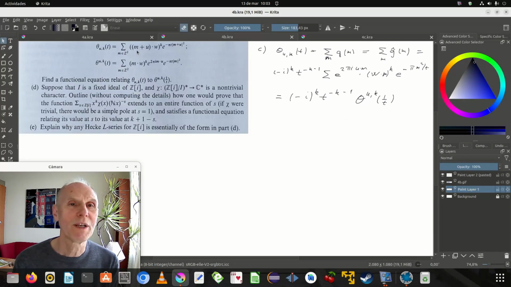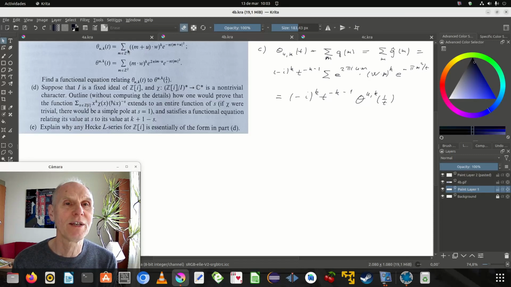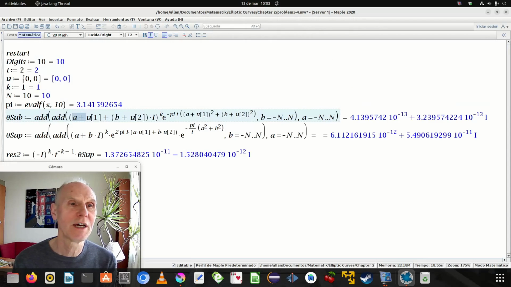But when m changes sign, then this changes sign, and that means the sum vanishes. And when it's squared, then we have I times m cancelling with m. But what if it's to the fourth? What happens then?